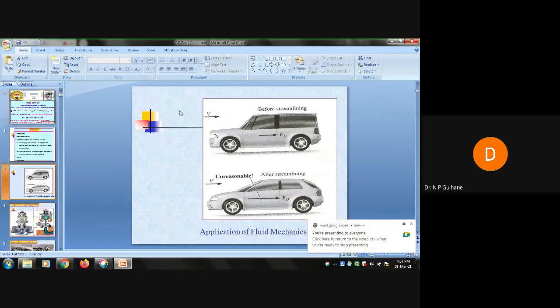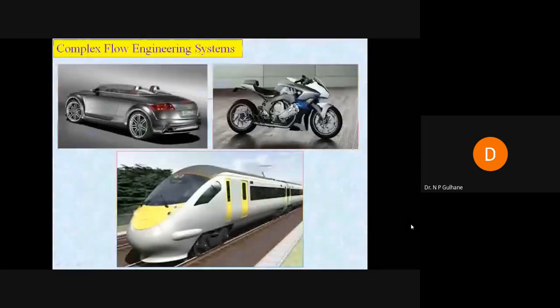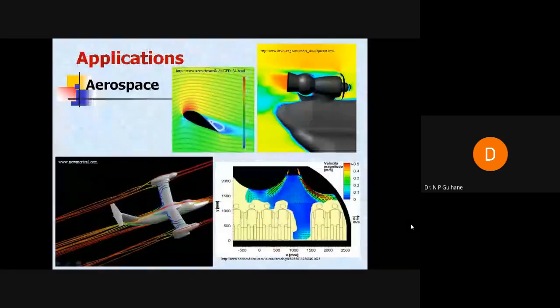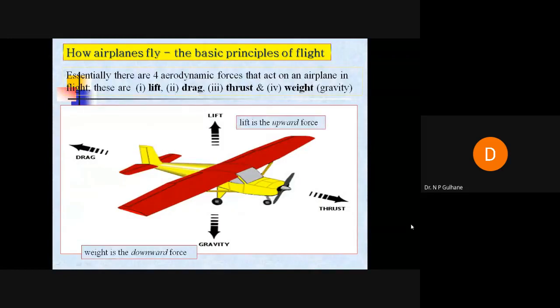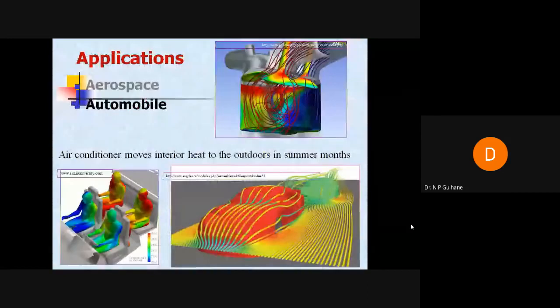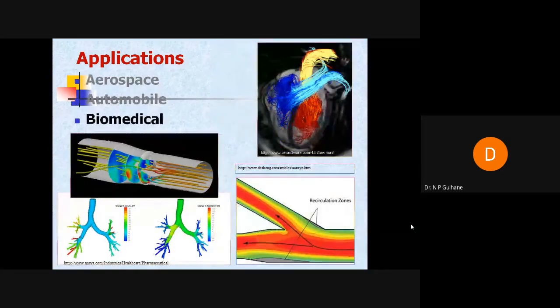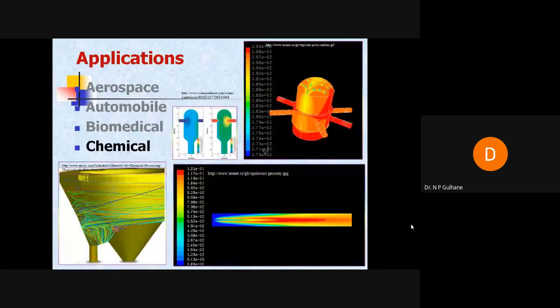Let me come to this slide. Just a minute. Whenever we are going to study such a problem, how you study any effect is more important. It is equally applicable for automobile, for biomedical, for chemical.